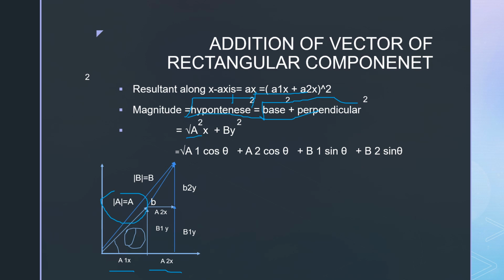We know that the components along the x-axis are A1 cos theta and A2 cos theta because they are along the x-axis. Now for the y-axis, B1 sin theta because it is along the y-axis, and B2 sin theta because it is also along the y-axis, and these involve the magnitudes of A and B. And this is all about today's lecture.